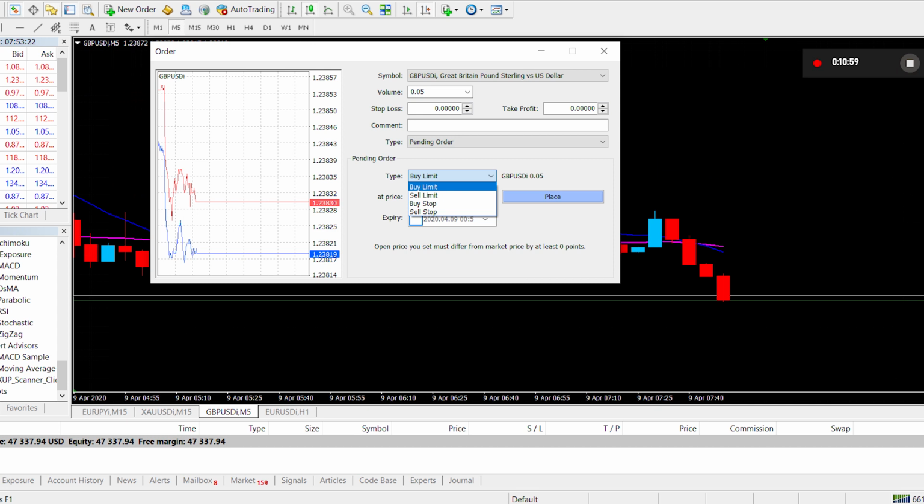You click pending order, and then right here you have your choice of buy limit, sell limit, buy stop, sell stop. You have your symbol right here, which shows what asset you are trading. You have your volume, which shows your lot size. You have your stop loss and your take profit. Your at price, and then you can just hit place, okay?